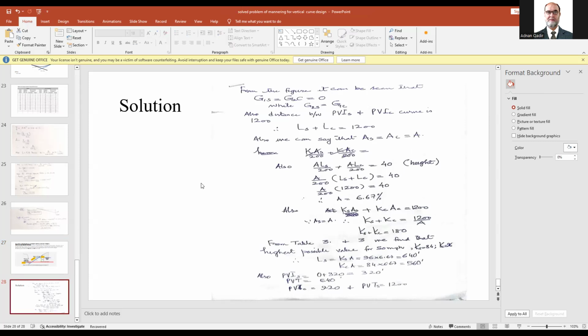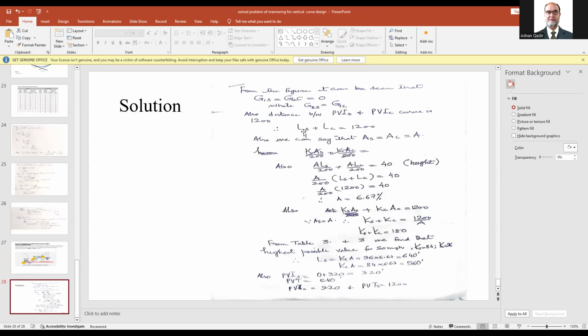Now, as such, I can say that G1S is equal to G2C that I have drawn in the figure, and I know the grade 2 of the sag vertical curve is equal to the grade 1 of the crest vertical curve. As I've said, the distance between the PVIs is 1200.